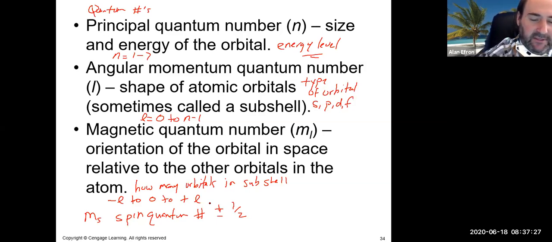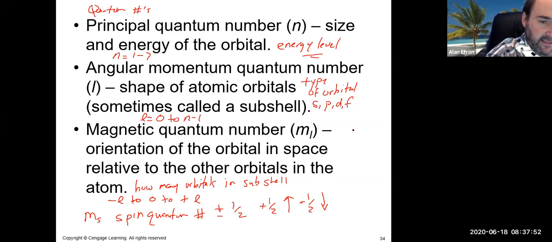There are two designations for that. Plus 1/2 means that when the electron goes in, it's spinning upwards, and we sometimes represent electrons with arrows. And minus 1/2 represents the opposite, that the electron in that particular orbital is spinning downwards, if you will.